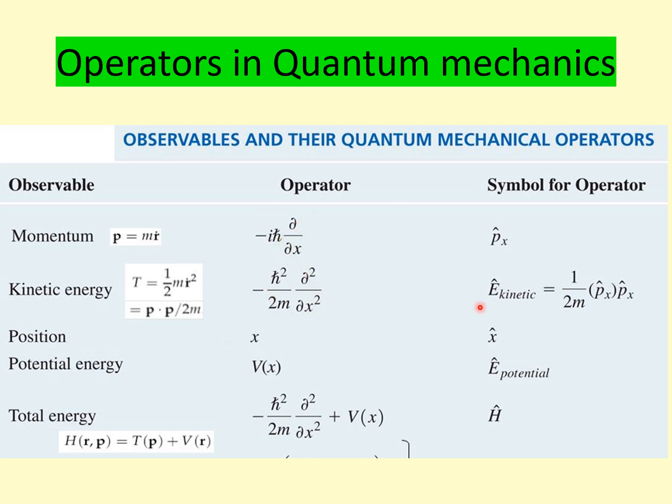Also there is the kinetic energy operator, minus h bar square by 2m delta square by delta x square. And another important operator is the energy operator, or Hamiltonian operator, capital H cap, equal to minus h bar square by 2m delta square by delta x square plus V. So this is kinetic energy plus potential energy.